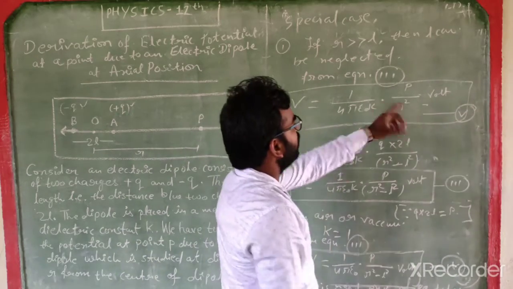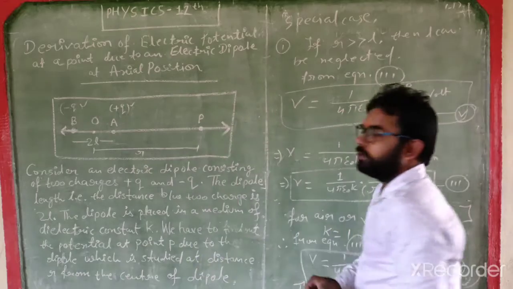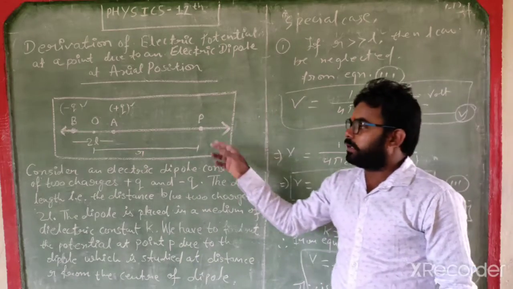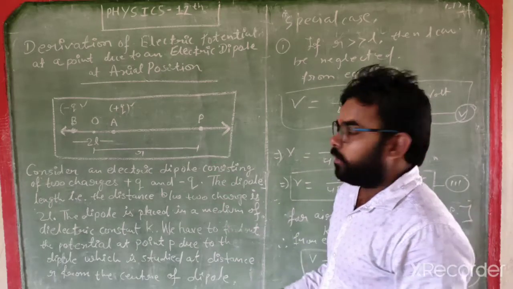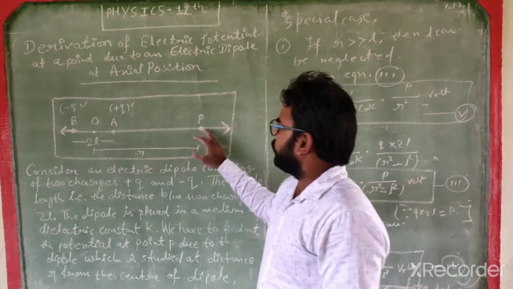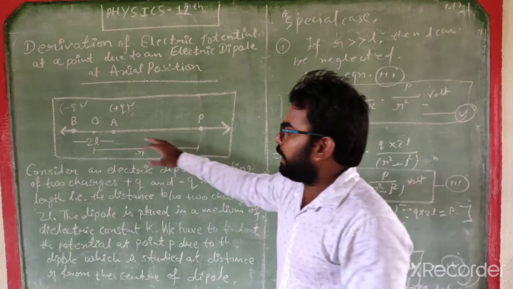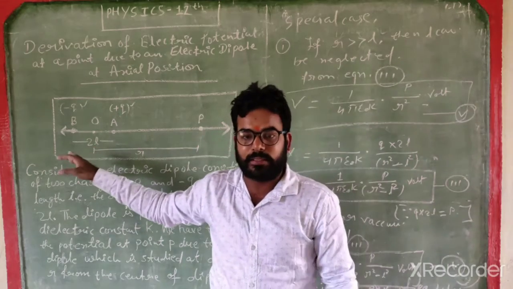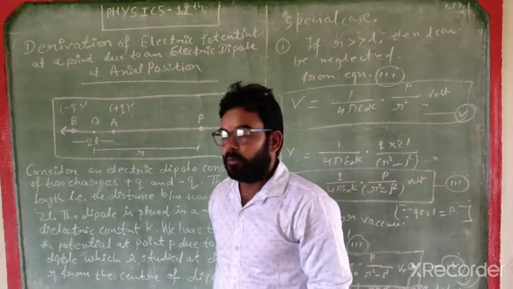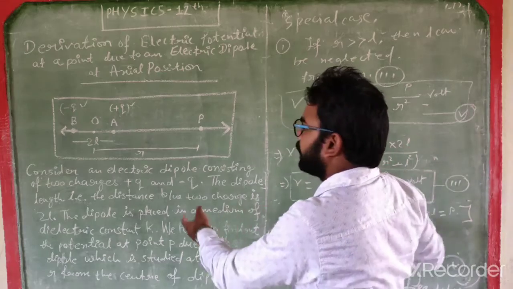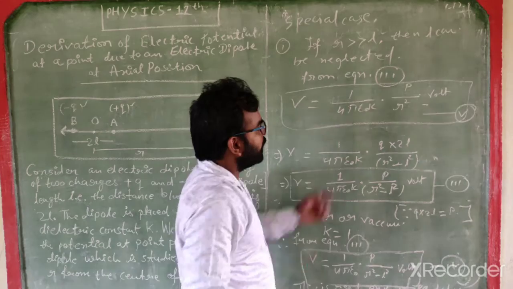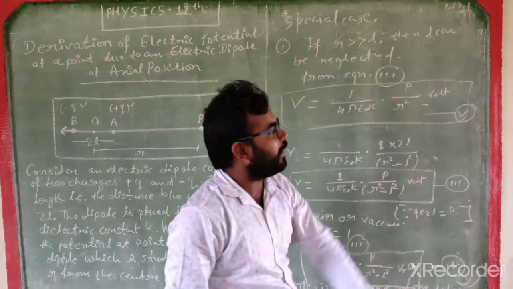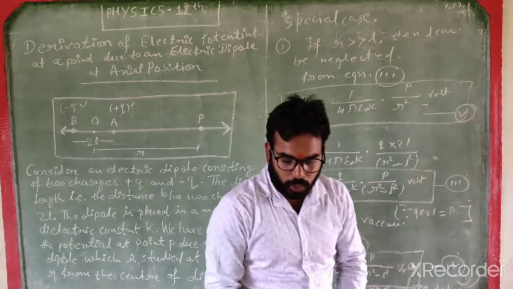If the distance of the point P where the electric potential of the dipole is to be found is larger than the dipole length, then L can be neglected, and we have V is equal to 1 upon 4 pi epsilon naught K into P by R square volt.